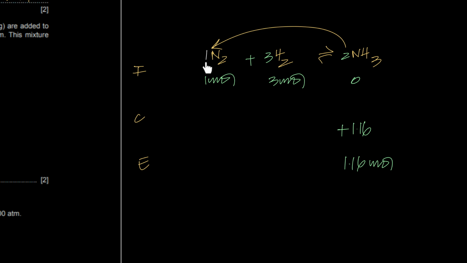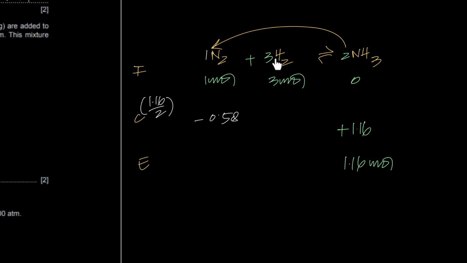NH3 would be double the change, right? So 1.16 divided by 2, what do you get? 0.58 if I'm not wrong. And this is negative 0.58, right?